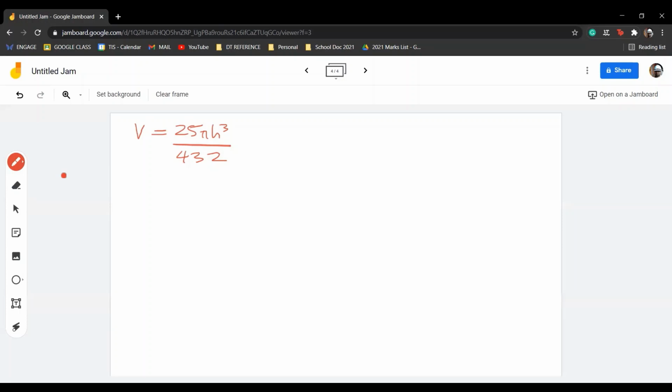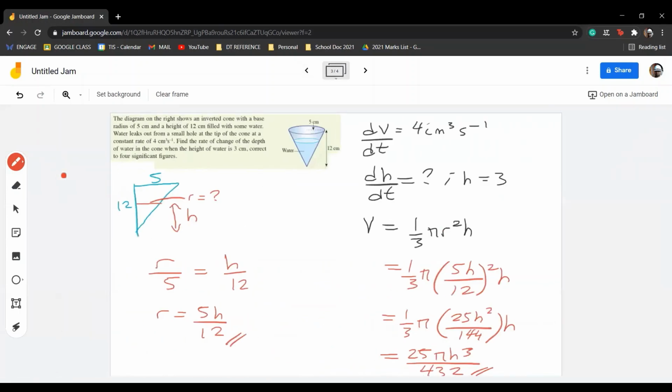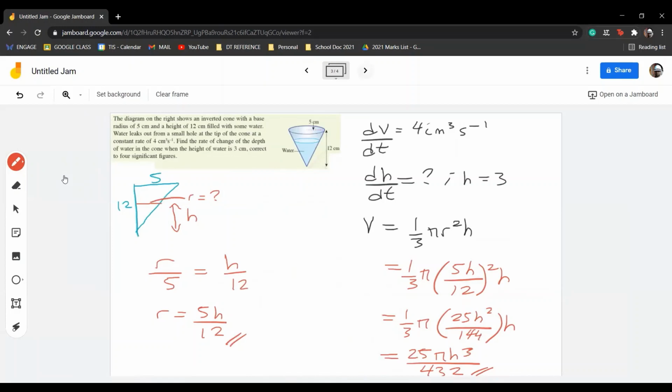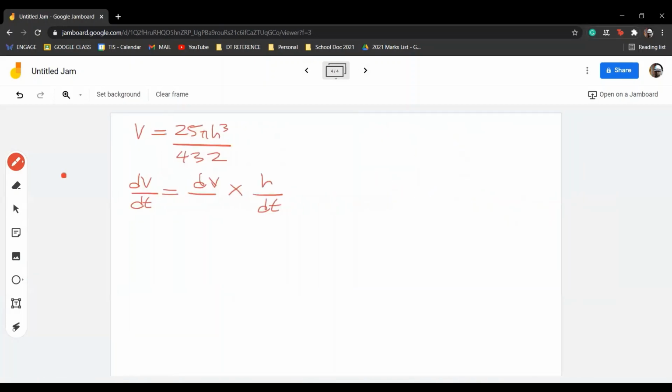Earlier, we need dh/dt and we have dV/dt. So dV/dt equals dV over dh times dh over dt.